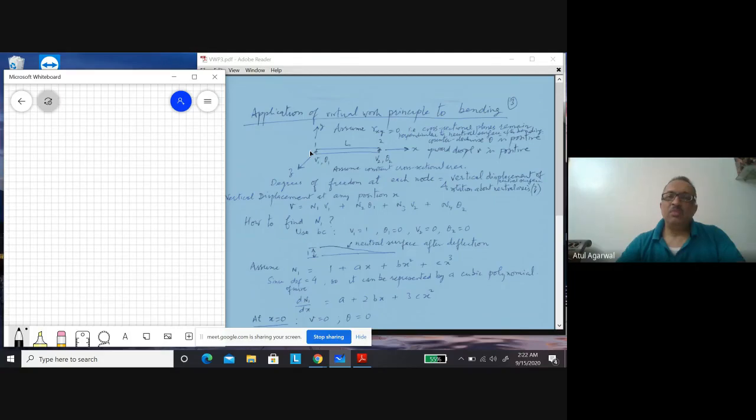The vertical displacement can be described as a cubic polynomial, since we can use 4 degrees of freedom.